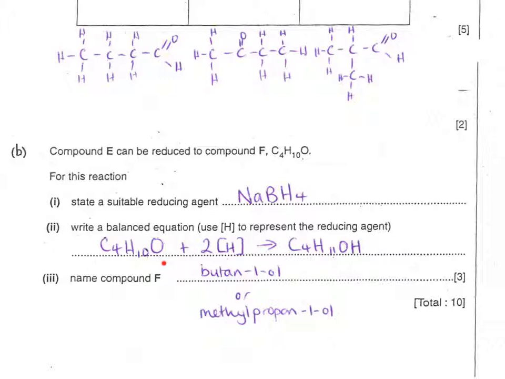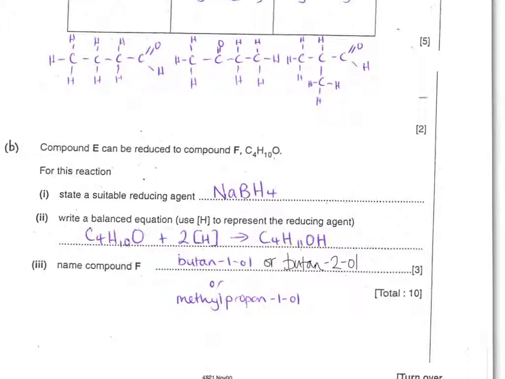I've got the molecular formula, so we're not specifying which E structure we're using, but remember always that 2 atoms of our reducing agent, 2 H's, are needed to reduce every single carbonyl compound in our reactant, and that will give us an OH group, be it primary or secondary, depending on whether compound E is an aldehyde or a ketone. So we're going to allow you then here butan-1-ol, butan-2-ol, or methylpropan-1-ol. And I just realised that we didn't have butan-2-ol on there as an option, so there it is.